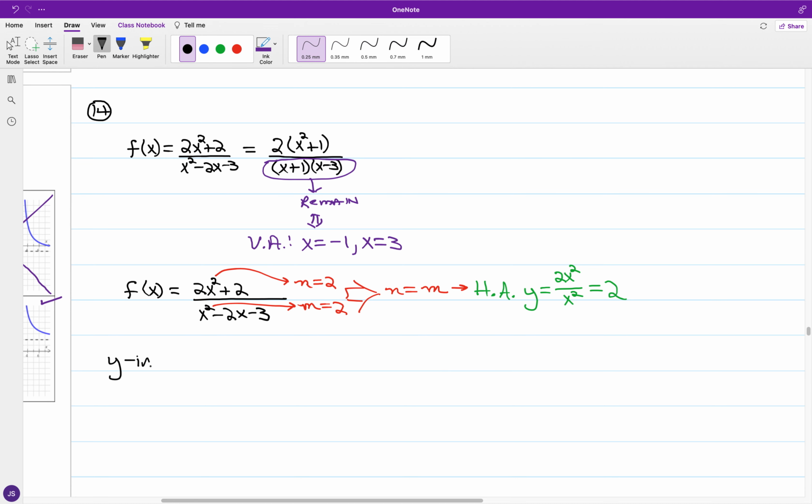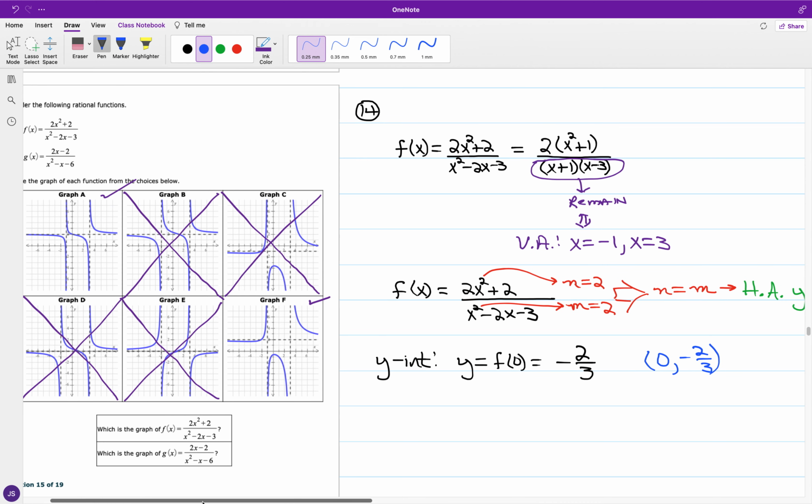So for the y-intercept, okay, so you got y is going to be equal to f of 0. And guess what? So you got 0 plus 2 is 2, 0 minus 3 is -3. So this will come down to -2/3. Whereas an ordered pair, you have 0, -2/3. So just relaying this back.